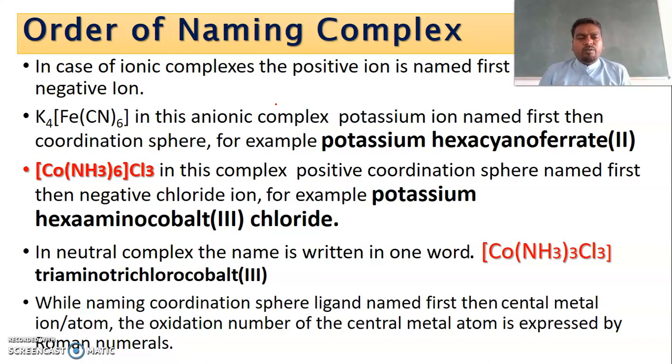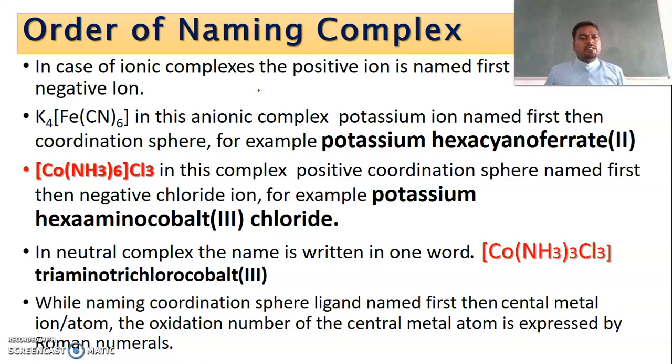When we come to the order of naming complexes, there are three types of coordination complexes when we classify them based on their charges: anionic complex, cationic complex and neutral complex. If you take ionic complexes, that is either cationic or anionic complexes, while naming we first write the positive part of the complex, then the negative part.